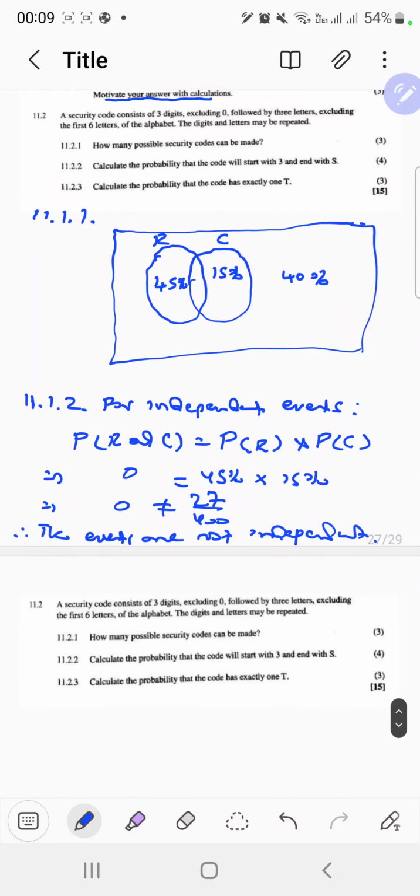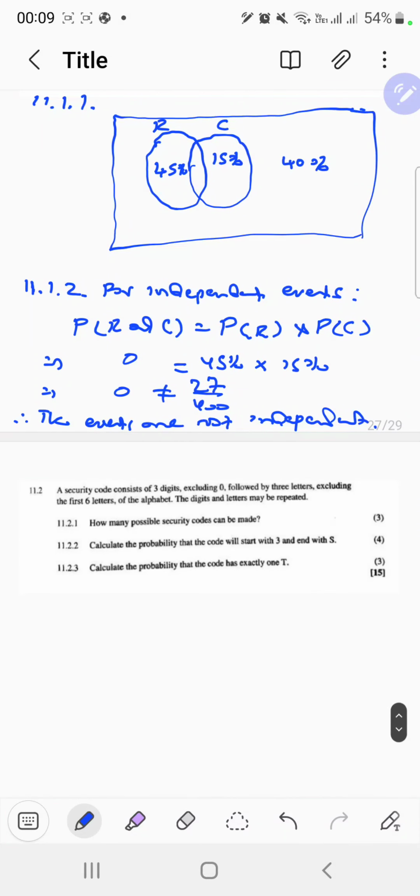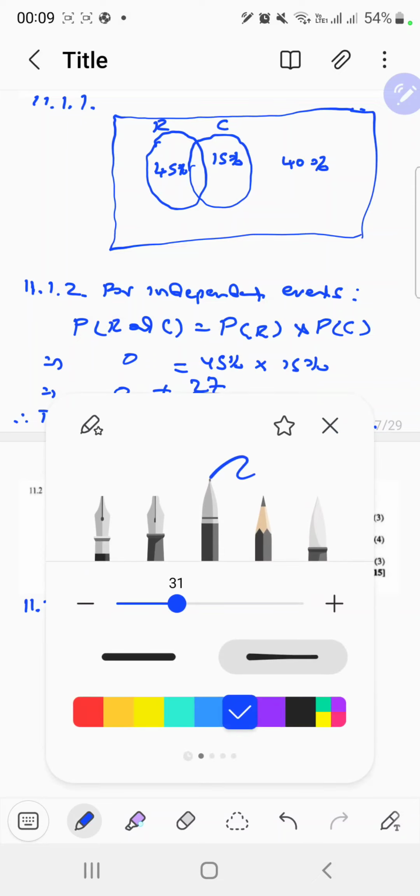Okay, so that is done. Let's sort out the last question. 11.2.1. We're told a security code consists of 3 digits excluding 0, followed by 3 letters, excluding the first 6 letters. These are very important points.